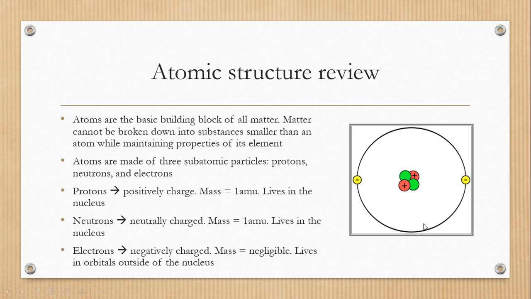This is a Bohr's model of an atom, helium in this case. Electrons actually don't orbit like planets do around the sun, but this helps just to visualize kind of what's going on. As you saw in previous videos, electrons are actually around the nucleus in kind of a cloud, and the shape of that cloud that they can possibly be in depends on the orbital that the electron is in.